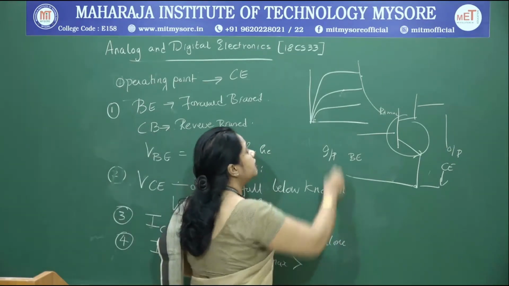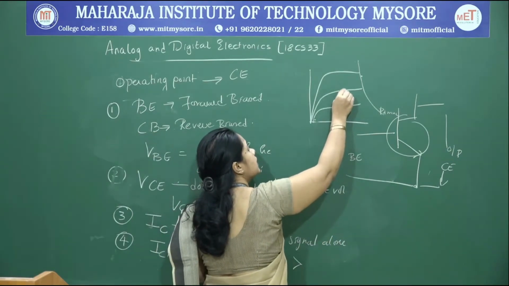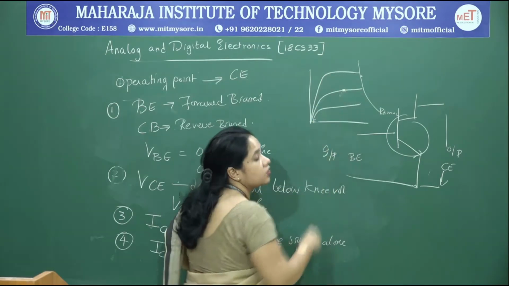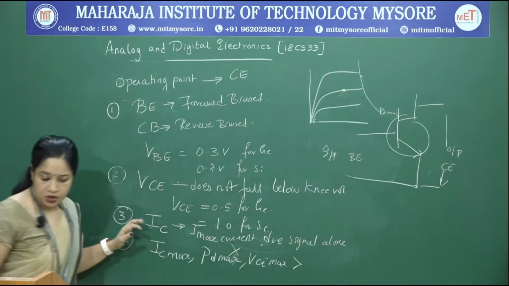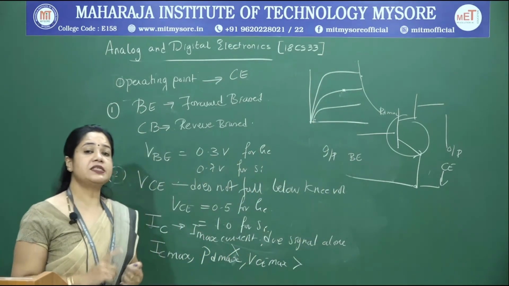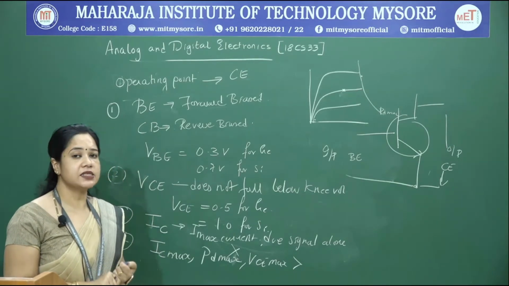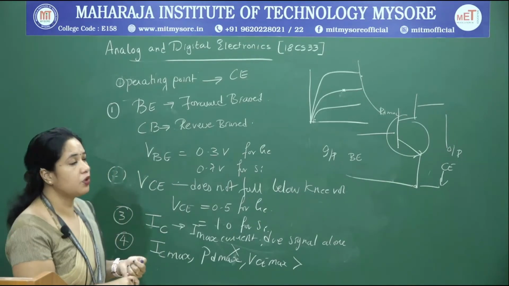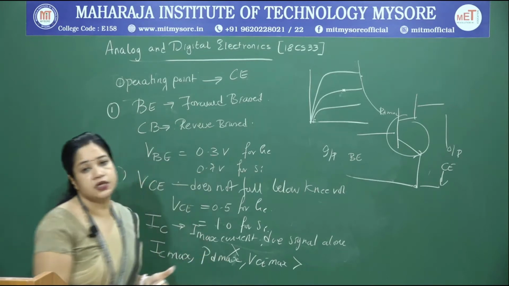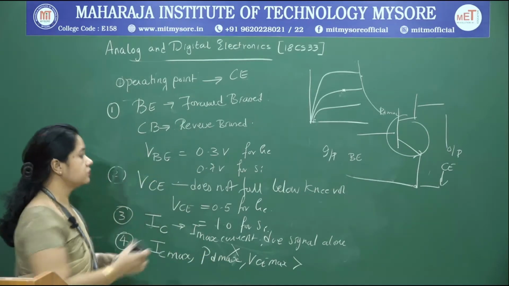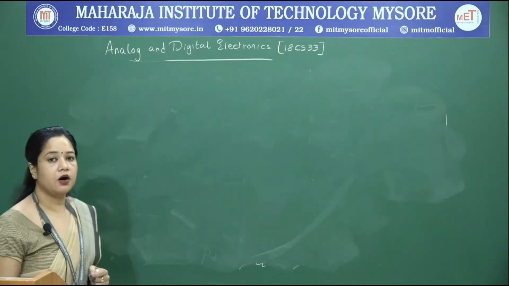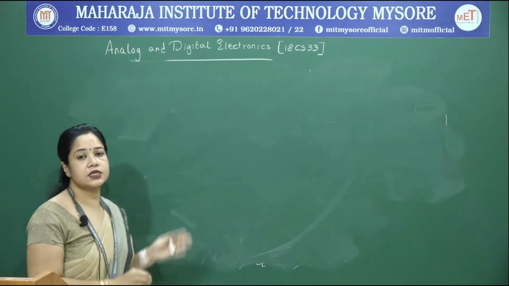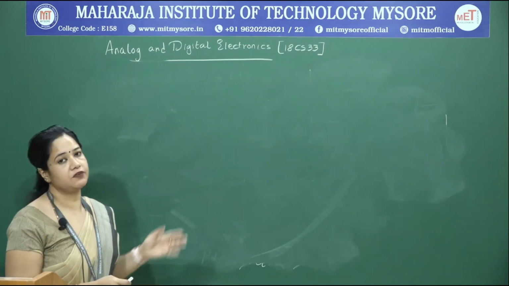So optimally you select this as the operating point, that is the center of your active region. With this we will see what are the different biasing circuits available in order to keep your transistor in the active region. So with this quick recap, we will discuss the different types of biasing circuits available with BJT transistors.